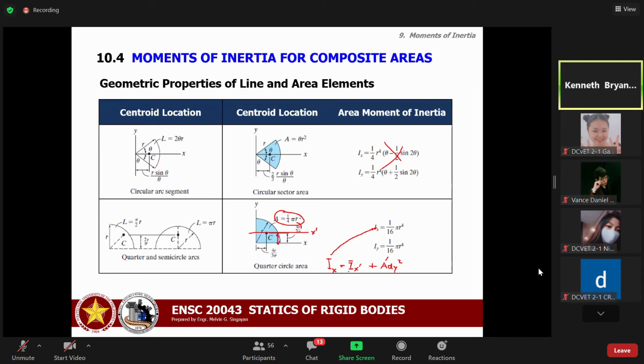Nito at ito, solve for I bar x prime. And I bar x prime is equal to Ix minus area times dy squared. So yung I bar x is approximately equal to 0.055 r to the fourth.